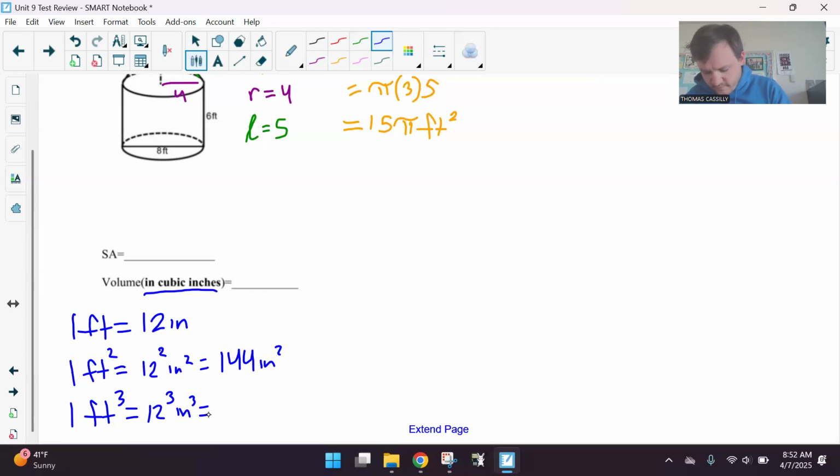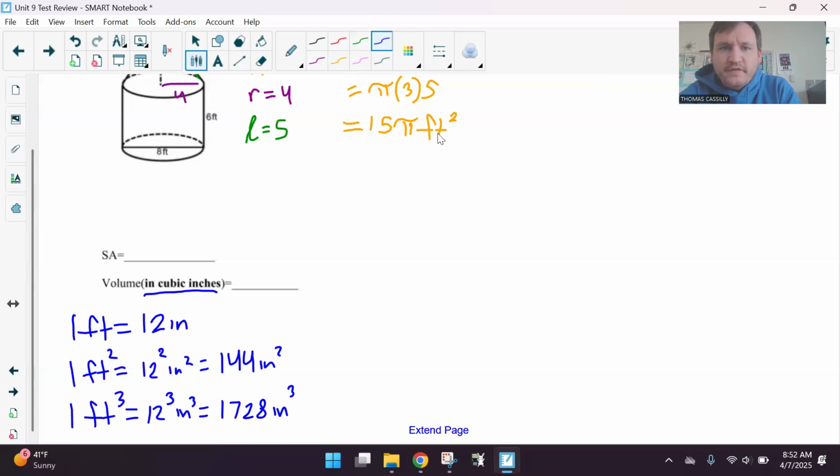which is, I don't know what that is. It's 1728 cubic inches. All right. So if I wanted to figure out this area in square inches, I would have to multiply this number by 144.